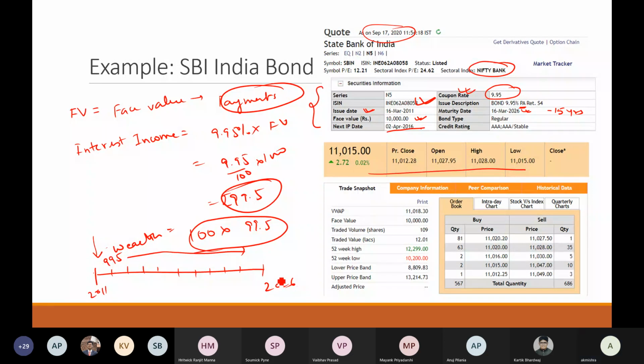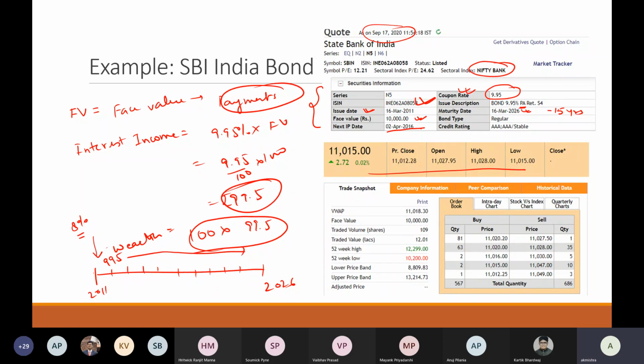So these many cash flows you will have, and assuming that in 2011 your prevailing interest rate is 8%, this is a kind of opportunity cost, giving you 8% in 2011.